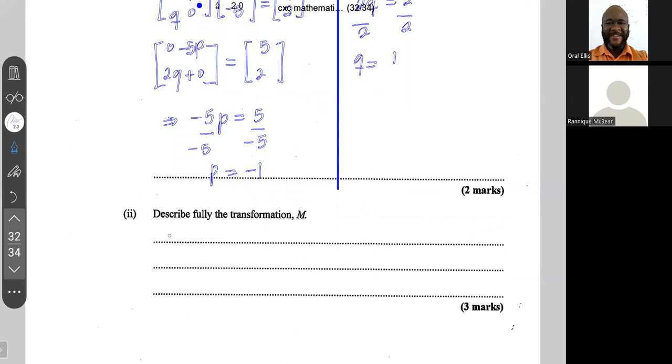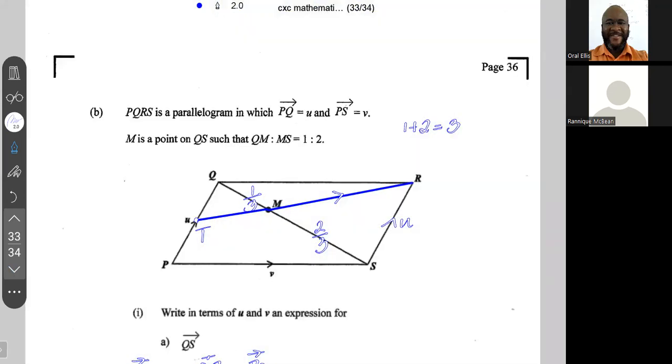Everybody should be able to see that R is mapped to R prime by R 0 plus 90, which is an anti-clockwise rotation of 90 degrees about the origin. Moving down.